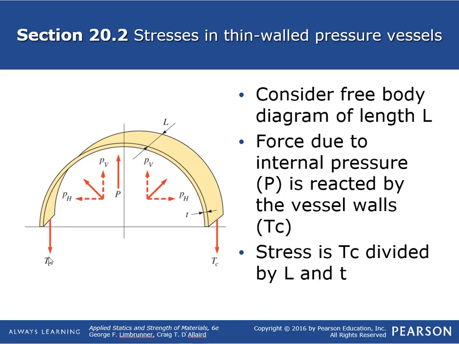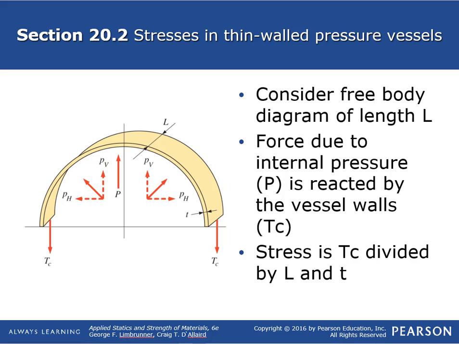So here we have a tension and a tension over here. Okay, so that T_C reacts this P. And then stress is T_C divided by L and t. Here's the force T_C, divided by this area. The area that T_C acts on is L times t.